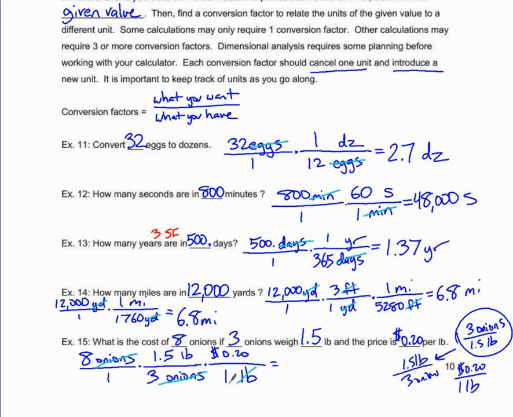Let's cancel the units first. And we find that the cost of 8 onions is 80 cents. Now with significant figures here, since we're talking about money, round to the nearest cent.